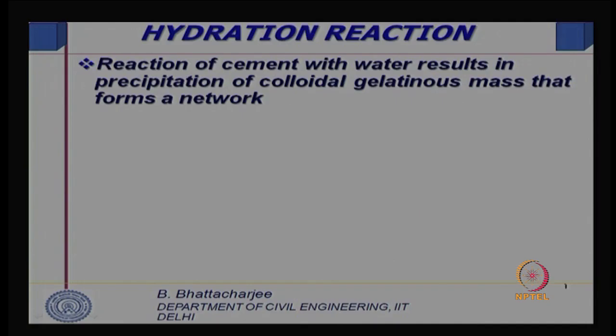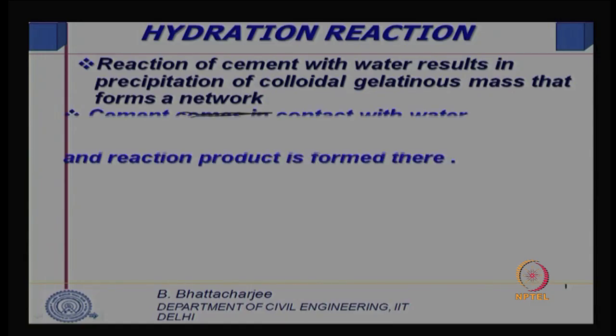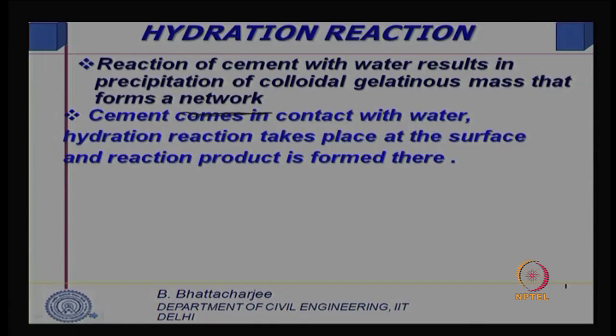Well, the reaction of cement with water results in precipitation of a colloidal gelatinous mass, and this forms a network. When cement comes in contact with water, the hydration reaction takes place at the surface and the reaction product is formed at the surface itself.